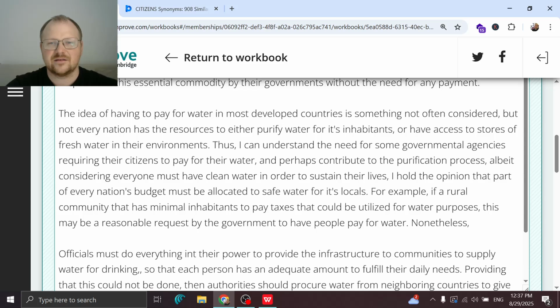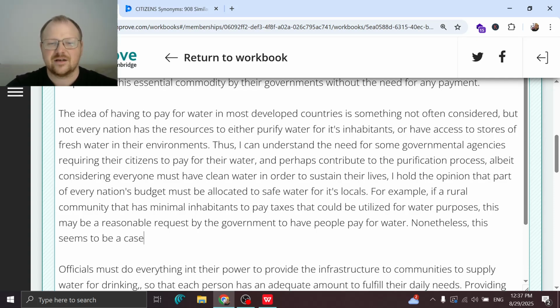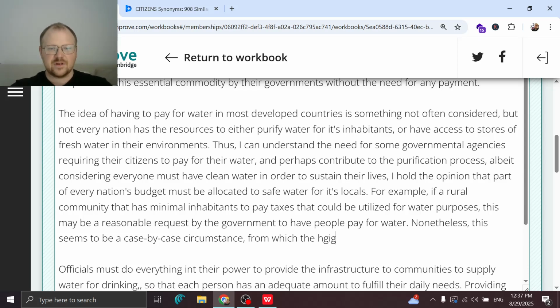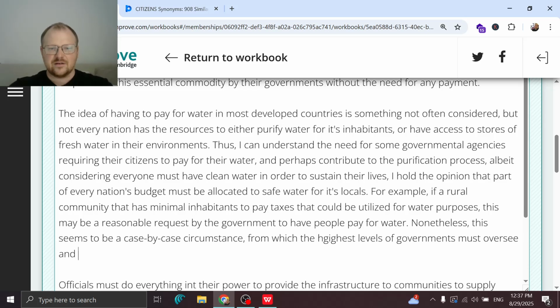Nonetheless, this seems to be a case by case circumstance from which the federal government must oversee and ensure this would not be necessary.